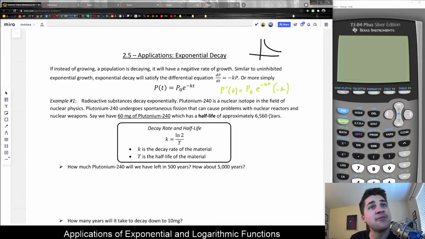And basically, this is a very long time. The longer the half-life, the longer time it will take for it to naturally decay. And being 6,000 years implies that if it starts with 60 milligrams, it'll take that long for it to decay down to 30 milligrams. Meaning it's going to last a long time. It's not going anywhere, for lack of a better way of saying it.